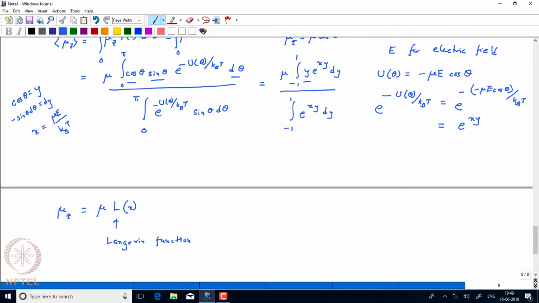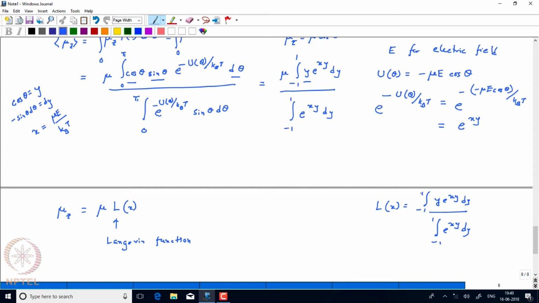The Langevin function is defined as L of x is the integral of y e to the power xy dy divided by the integral of e to the power xy dy, with limits minus 1 to 1.